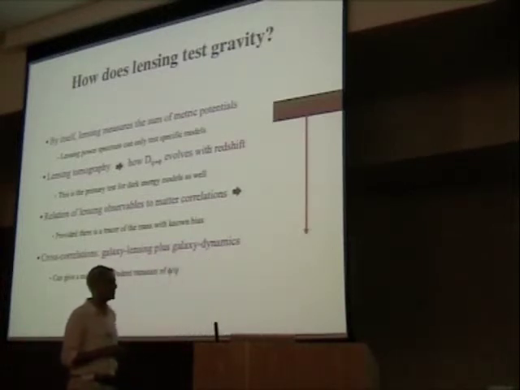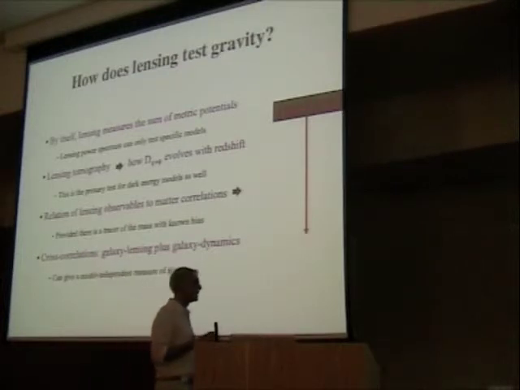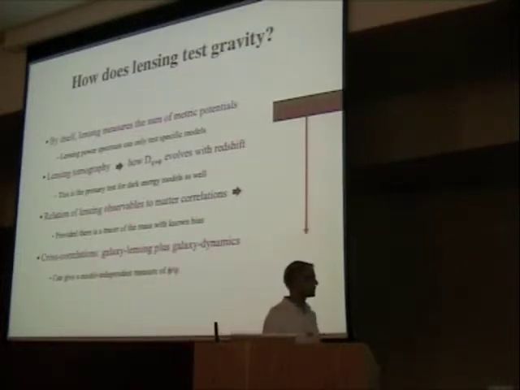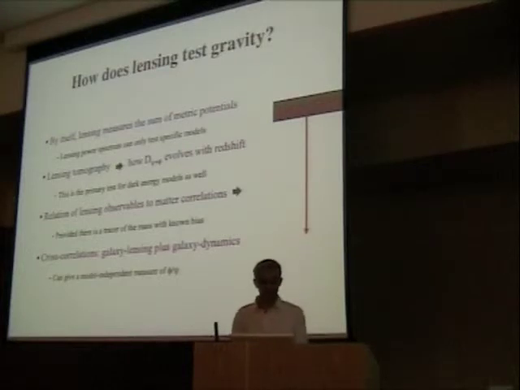But the most robust thing you can do is to use combinations of cross correlations, galaxy-galaxy lensing, and redshift space measurements. And that gives you the ratio of these metric potentials, which is completely model independent, and at least in the models that are around now, is predicted to be significantly different from unity. By significantly, I mean like, what, 10%.